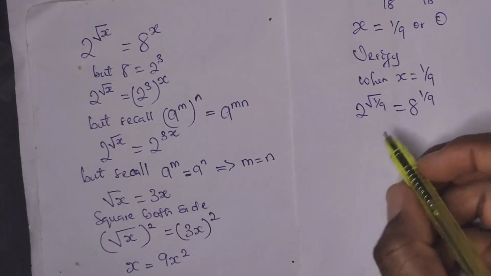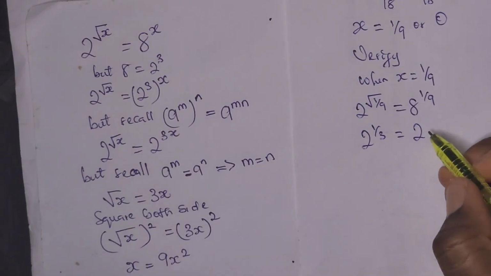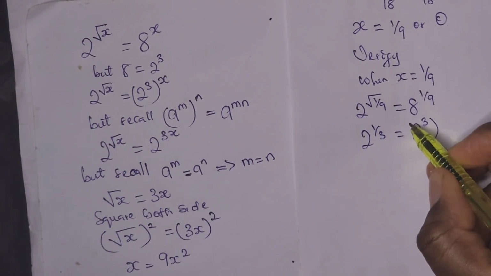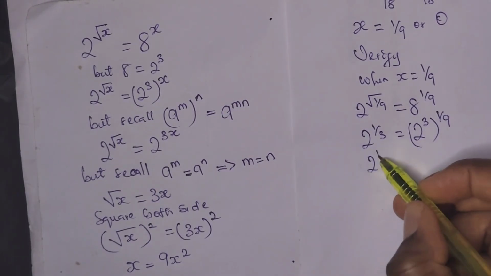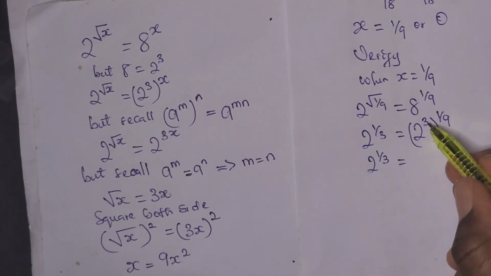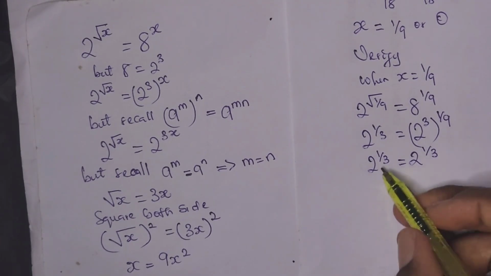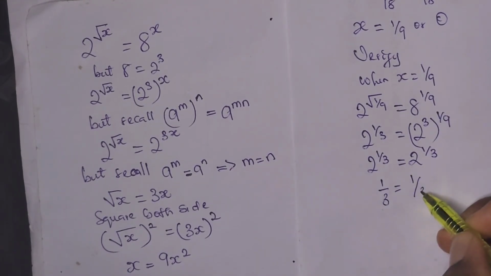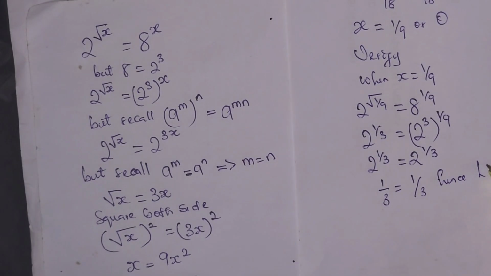So taking the square root, we have 2 to the power of 1 over 3 equal to 8, which is the same as 2 to the power of 3 further raised to the power of 1 over 9. So this is 2 to the power of 1 over 3 equal to 2 to the power of 3 times 1 over 9. Taking the exponent, we have 1 over 3 equal to 1 over 3. Hence, left hand side equals the right hand side.